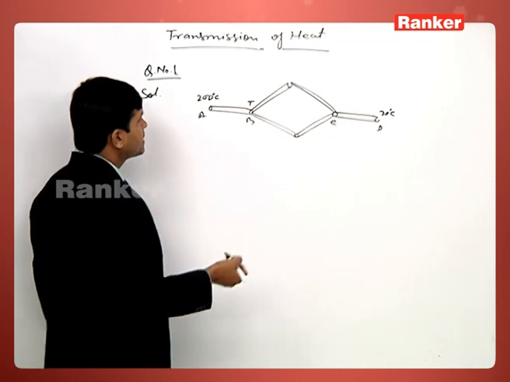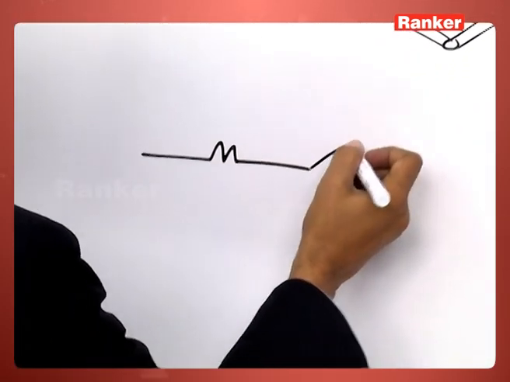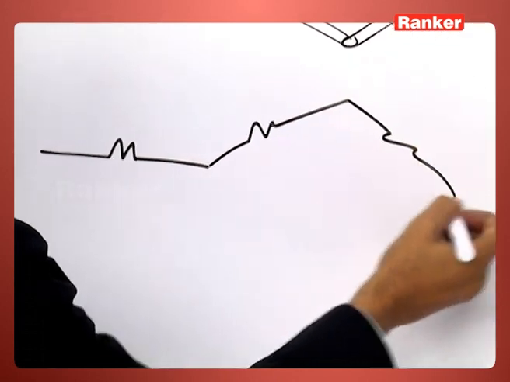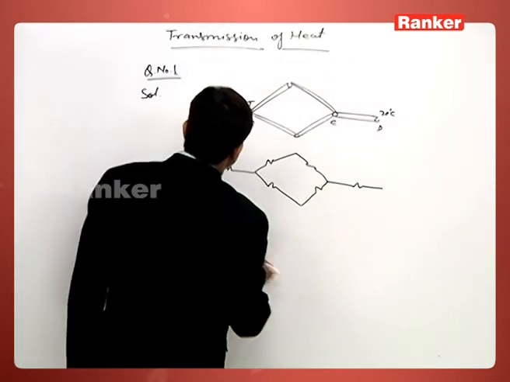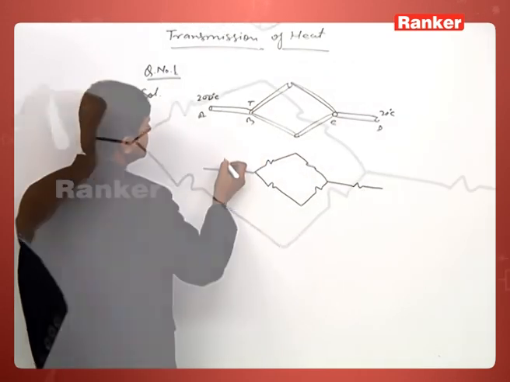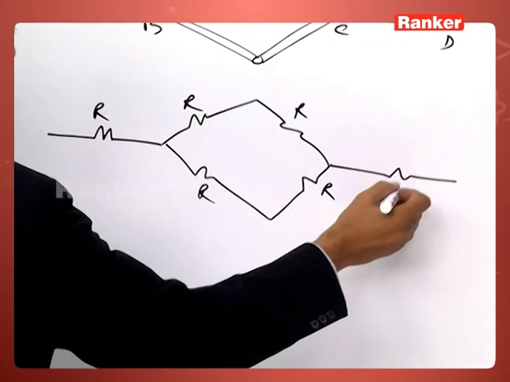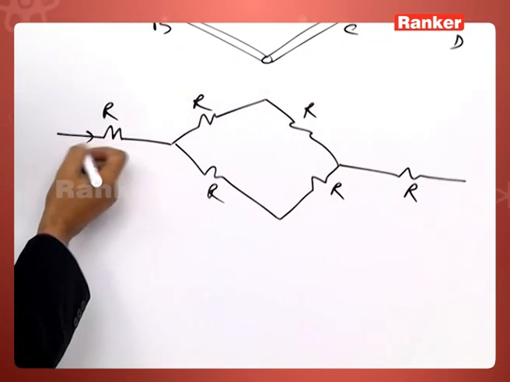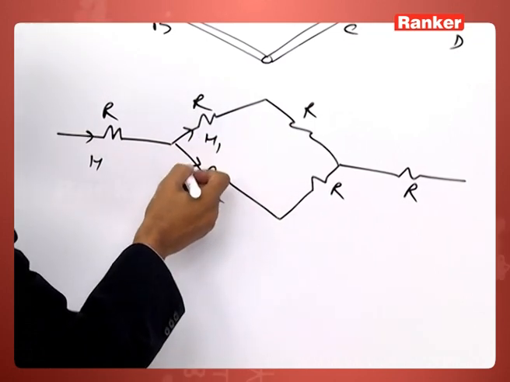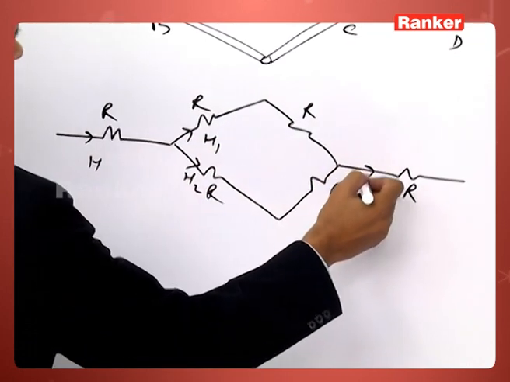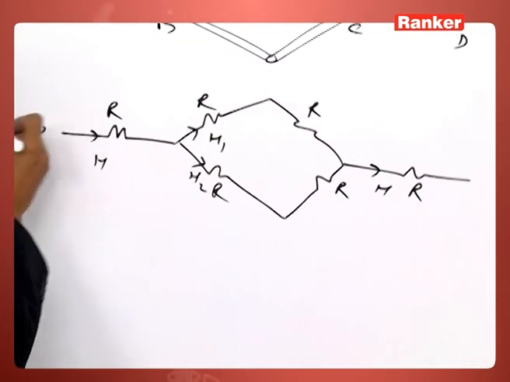So it is equivalent to an electrical circuit like this. 1 this resistance. Likewise. Since all are identical, all having the same resistance R, R and R. So here the heat current H, here H1, H2, then H. And this temperature is given 200.